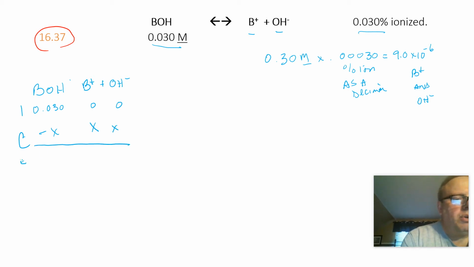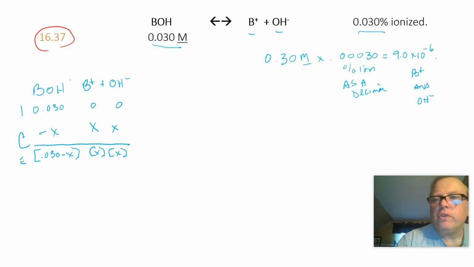And then at equilibrium, this is going to be equal to 0.030 minus x, and this will be an x, and this will also be an x. Because we know this, this is our x here. This is how much it dissociated. X is equal to this 9.0 times 10 to the negative 6.